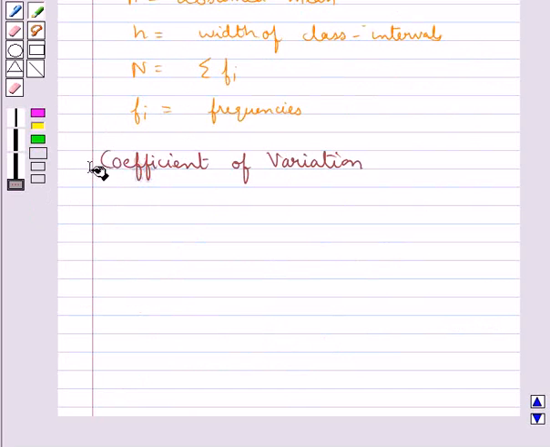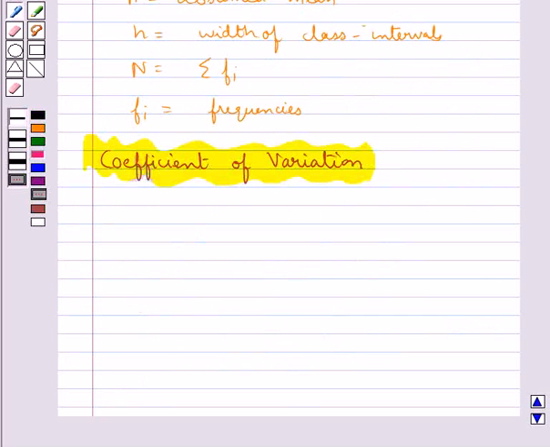Next we shall discuss coefficient of variation. Whenever we want to compare the variability of two series with same mean, which are measured in different units, we do not calculate the measures of dispersion, but we require such measures which are independent of the units.